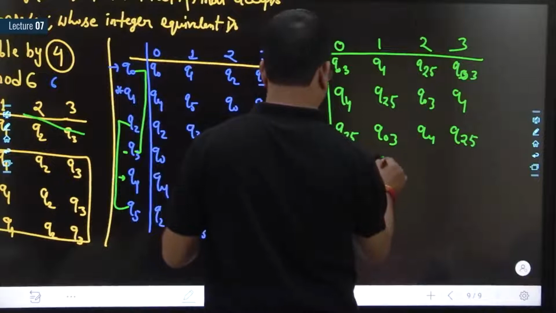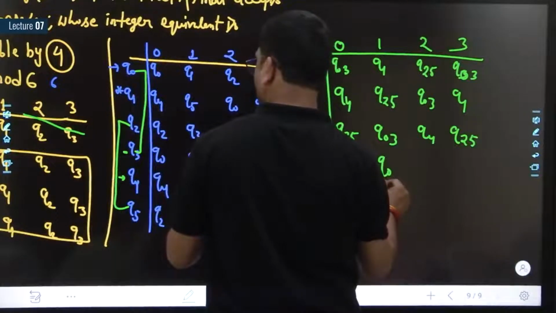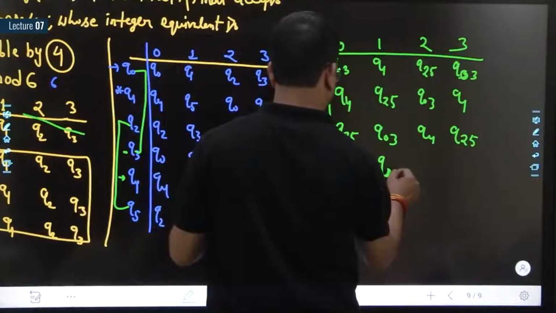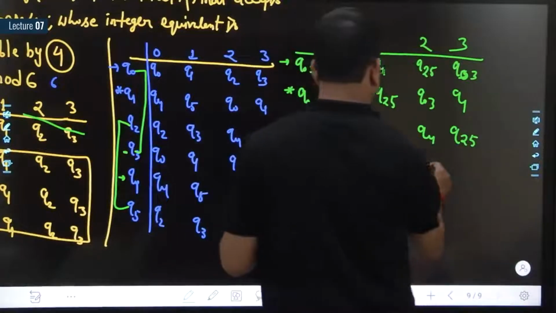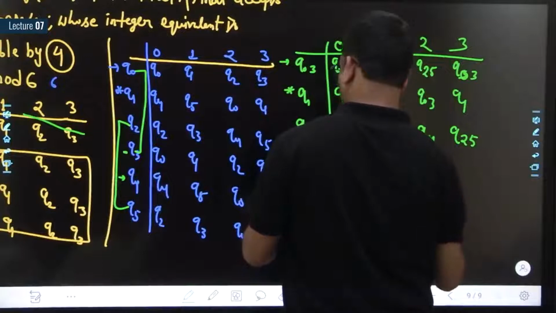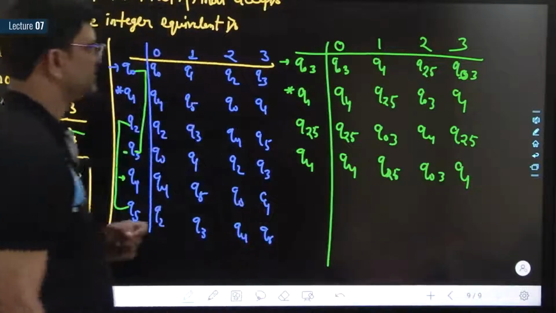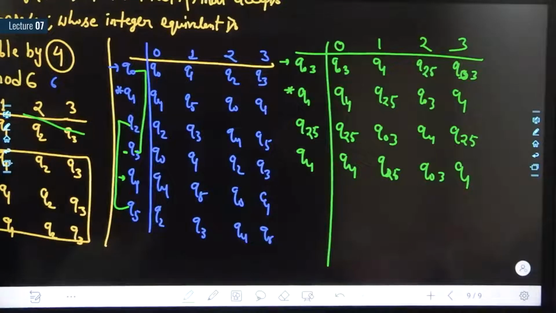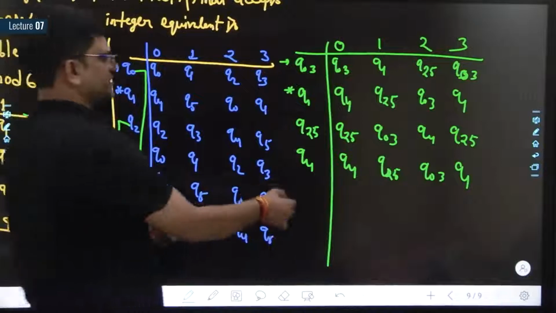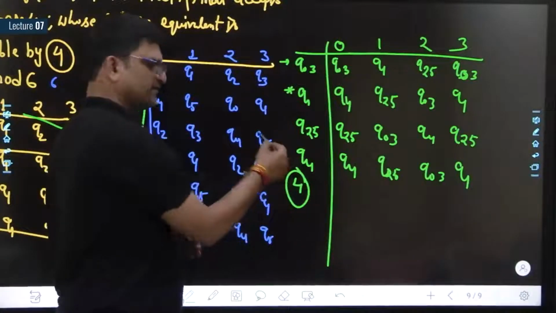Q4, Q5, Q25, Q03, Q1. Any other states we can merge? No. Then the minimum number of states is 4. Clear?